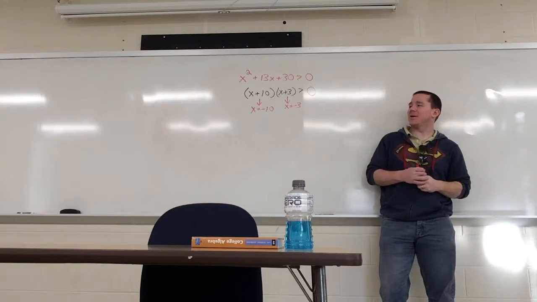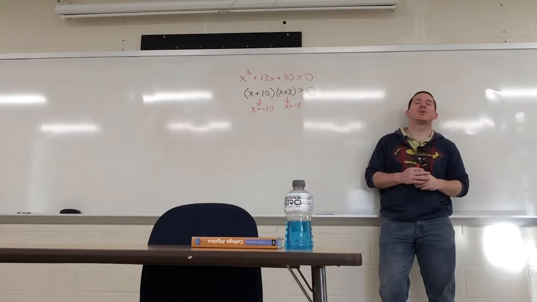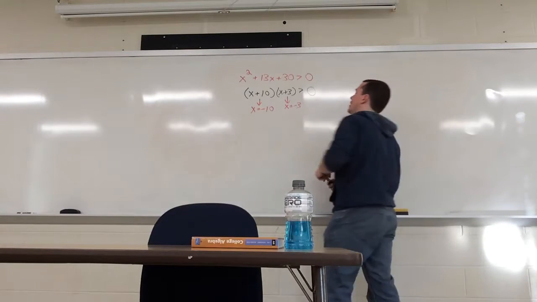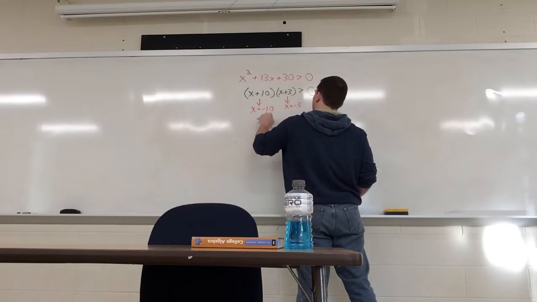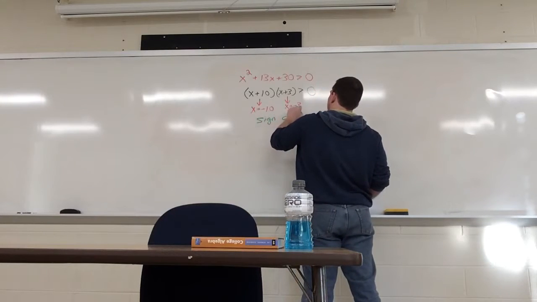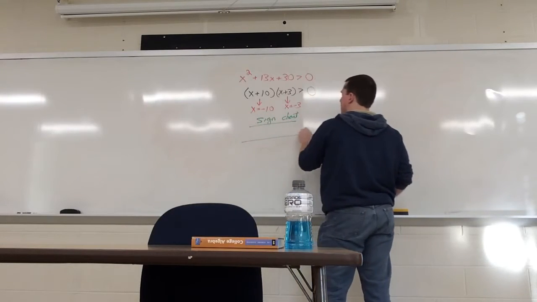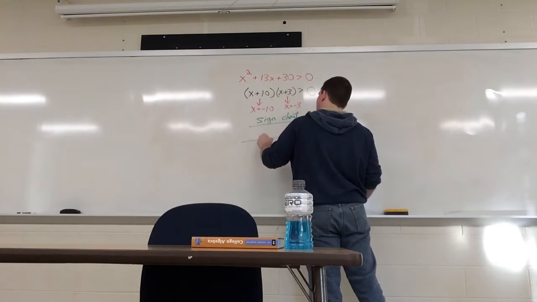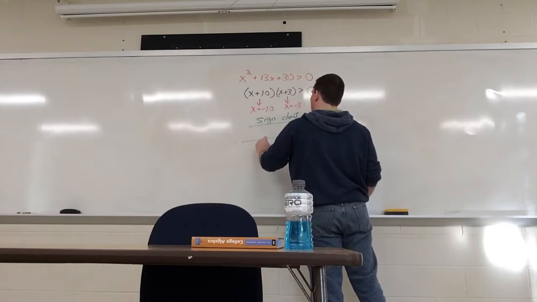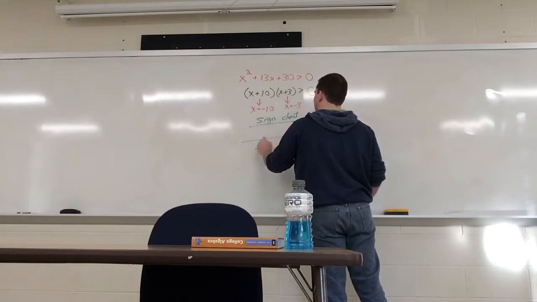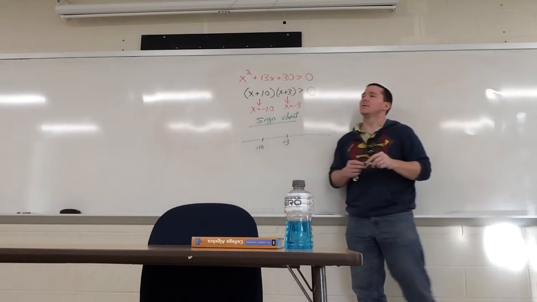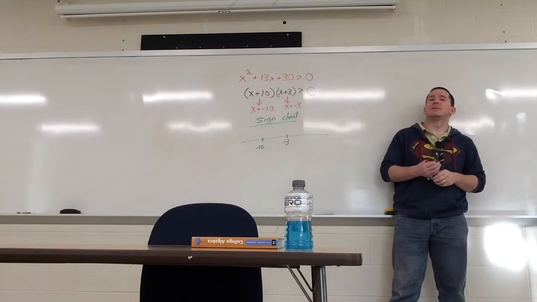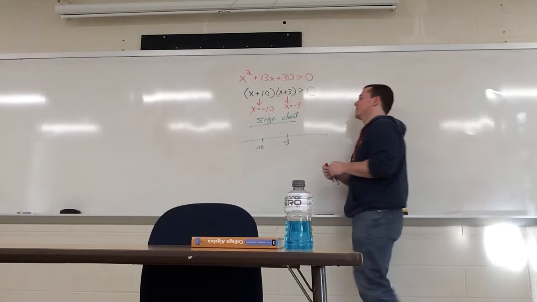Now that I have my zeros, we get to do the inequality stuff, so create a sign chart, right? So let's see. Put in my zeros. So I guess negative 10 is first because it's smaller than negative 3. And now plug in points.